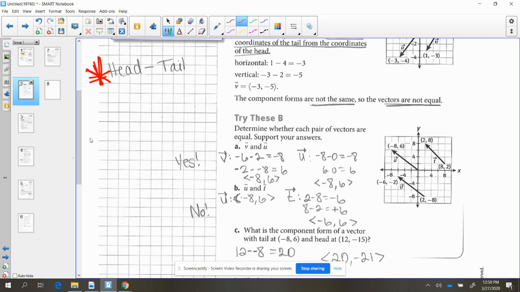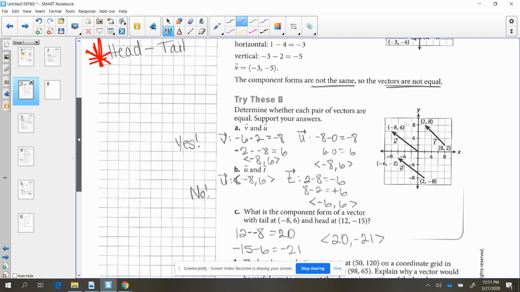If you'll notice down below, we have some examples of figuring out if vectors are equal to each other. Vectors are equal only if their component forms are the exact same. Magnitudes might be the same, but they have to be going in the same direction in order to be considered equal.